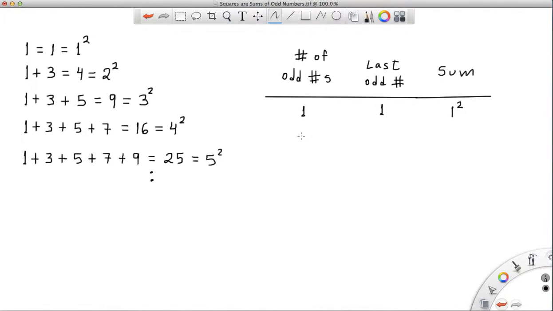When we add two odd numbers, the last odd number in that sum is 3, and the result is 4, which is the square of 2. When we add 3 odd numbers, 1, 3, and 5, the last odd number in that sum is 5, and the result of the sum is the square of 3.